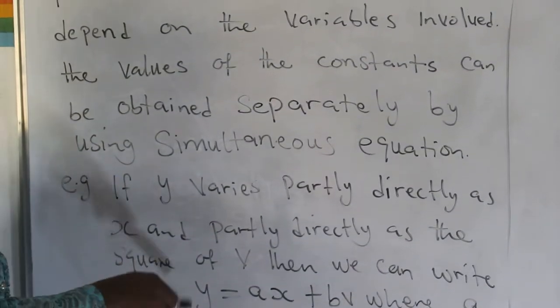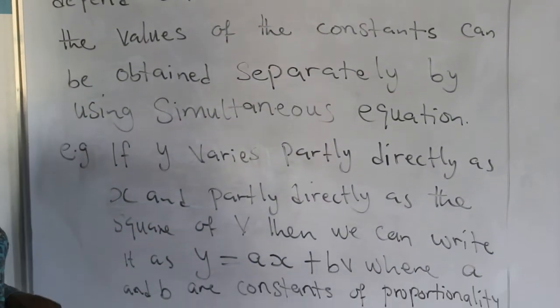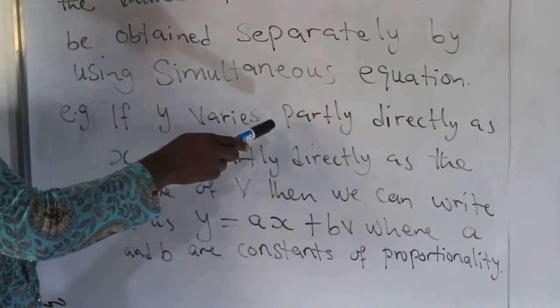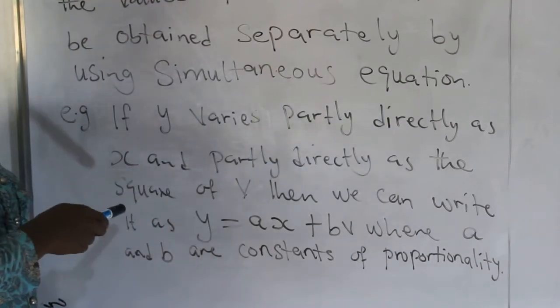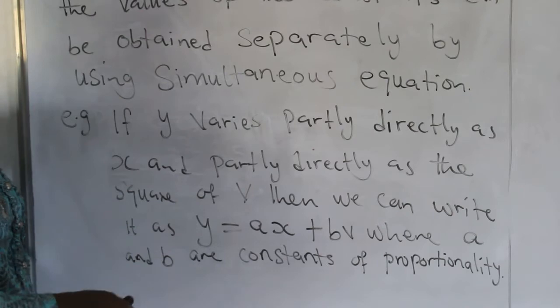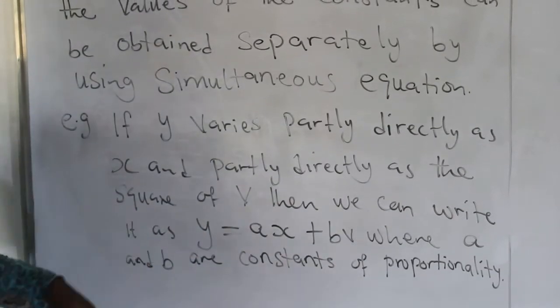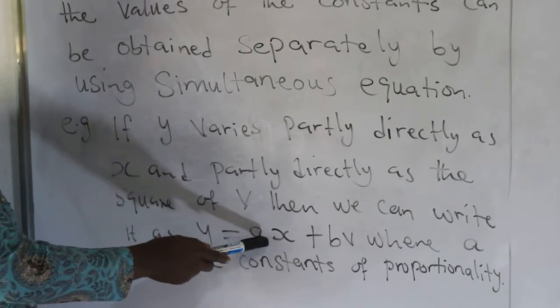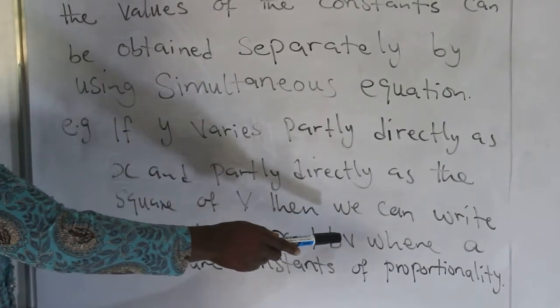So let's look at an example of this type of variation. If y varies partly directly as x and partly directly as the square of v, then we can write it as, see how we write it now, y is equal to ax plus bv.